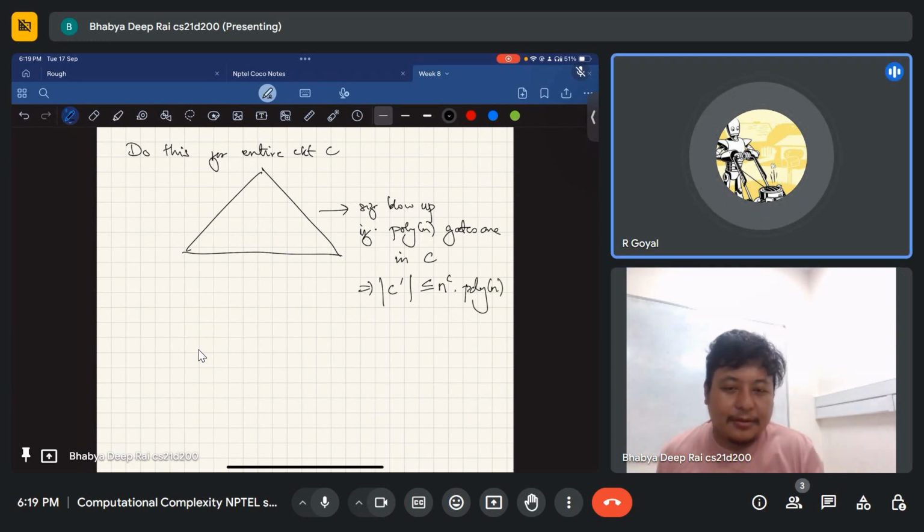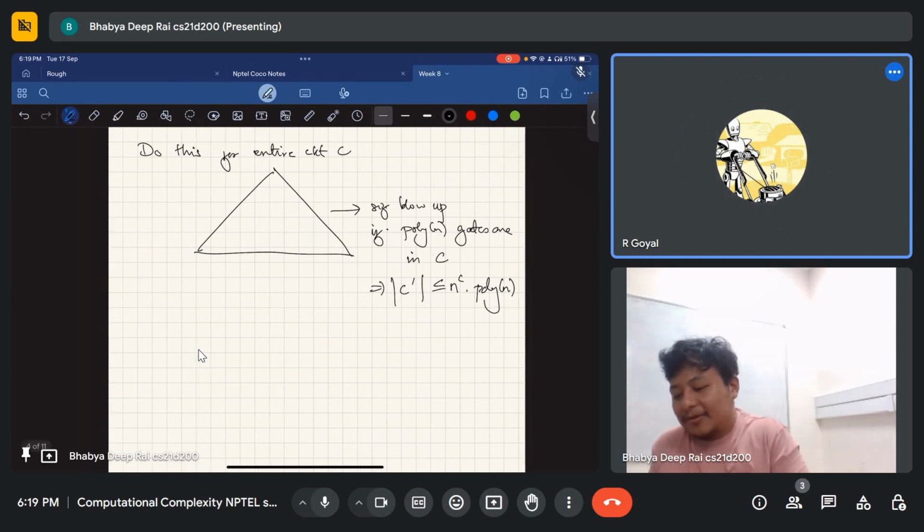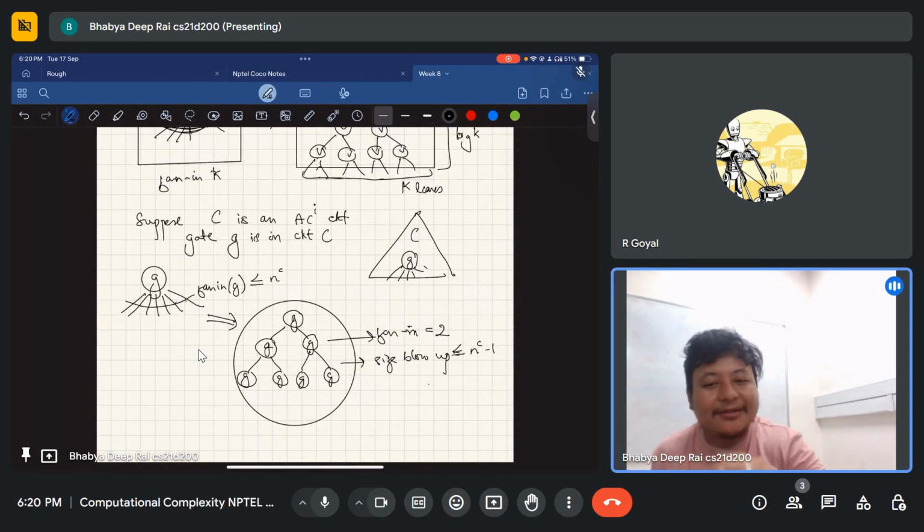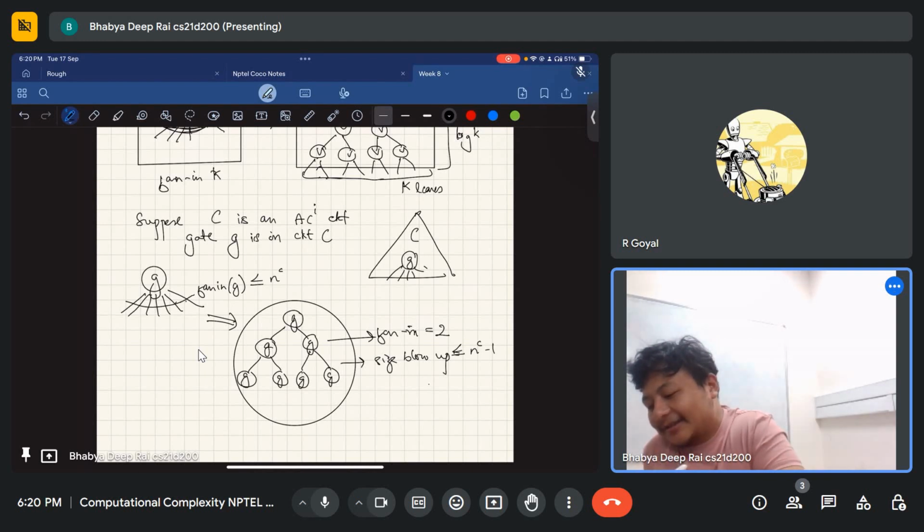I don't remember this size blow up thing, in case we discussed this last week. Sure. What I mean is, I want to convert the entire circuit into a fan-in 2 circuit. Since circuit C is an AC circuit, fan-in is unbounded.